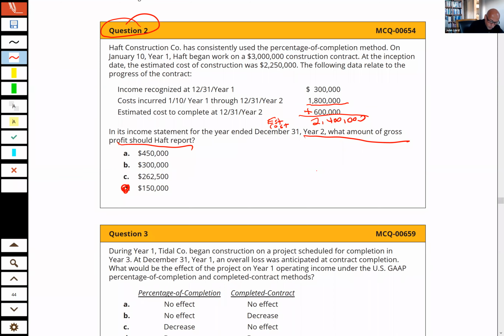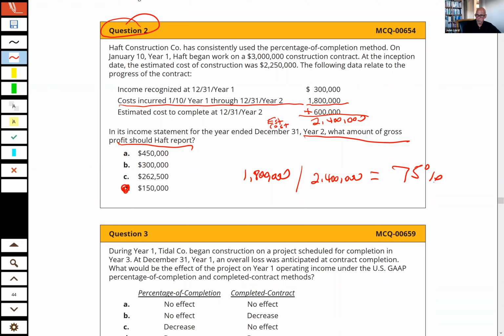So far, they've incurred costs of 1,800,000. Based on a cost-to-cost estimate, they think they're 75% done.